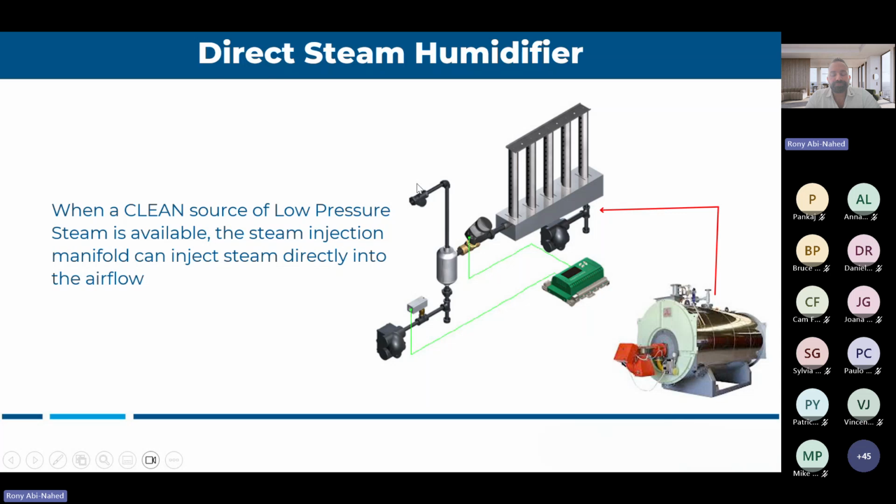Another option, if you decide that the steam inside the boiler is clean enough, is to use the steam from the boiler and push it directly through the grid system without using any generator. That's what we call direct steam application. In this case, you will only need a float, a temperature sensor, a steam separator, and a steam valve.